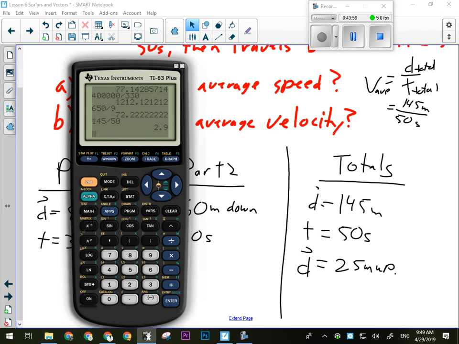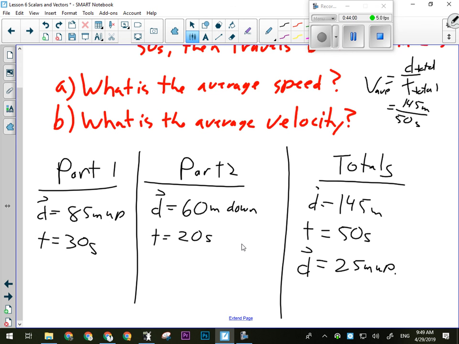All right, so we're looking at 2.9 meters per second as the speed of the elevator, which is about right for an elevator. And if I want to find the average velocity, well, average velocity is total displacement divided by total time. So that'll be 25 meters up divided by 50 seconds.